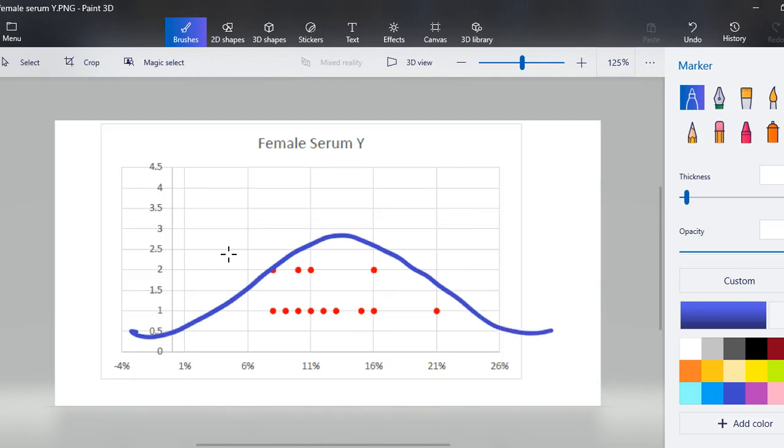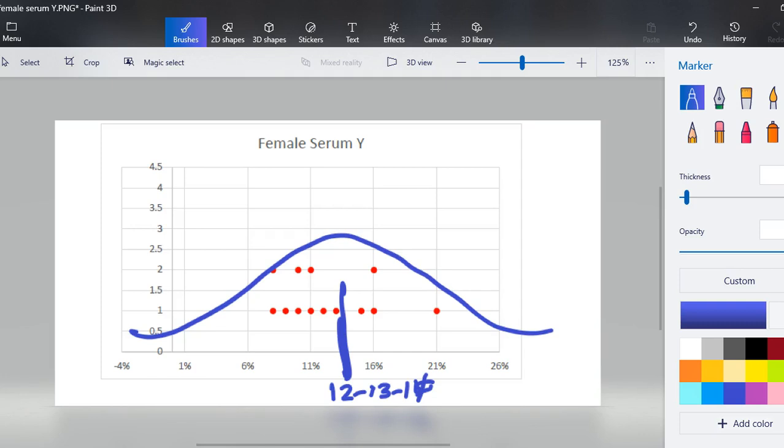Whereas if you look at the female serum Y, it's centered more over here on the 12, 13, 14% region. So looking at question part E, compare the dot plots by comparing the most frequent category in each. Which of your two conclusions from question 1, parts F and G, are the same and which are changed?